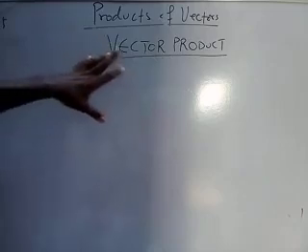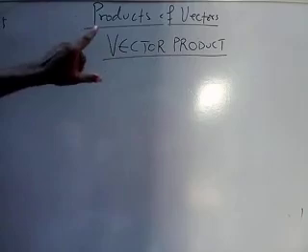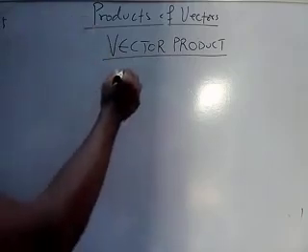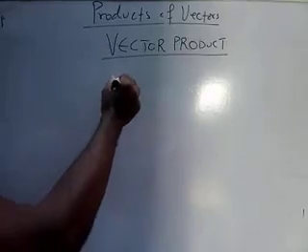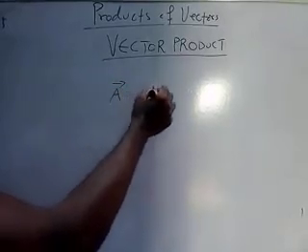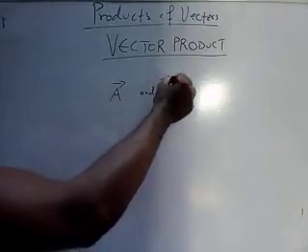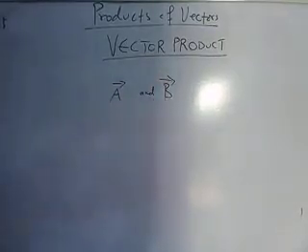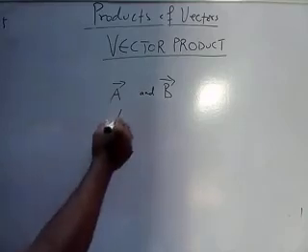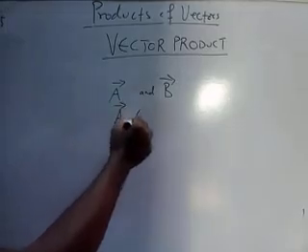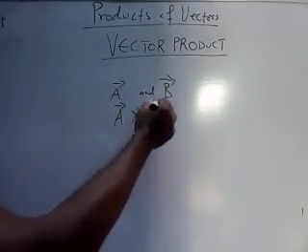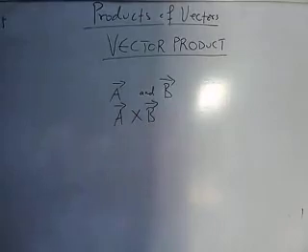So let's move into business. The vector product of two vectors, vector A and B, is also known as what? Cross product.